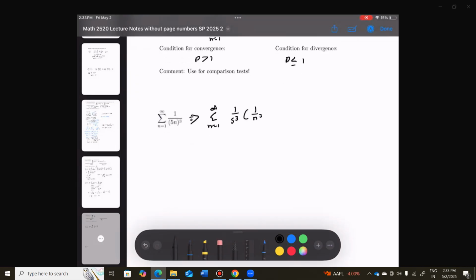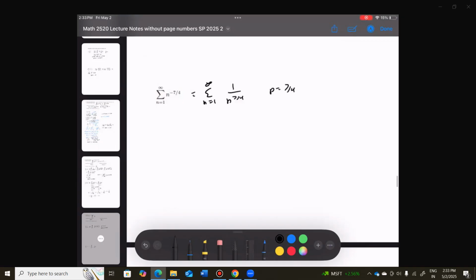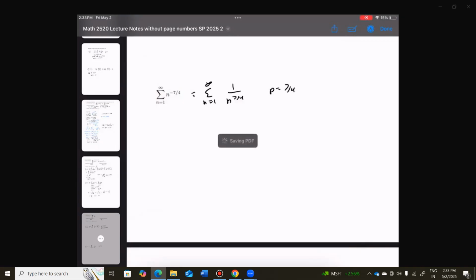Okay. Here, p equals 3, which is greater than 1. So the series converges. Here we can rewrite this as 1 over n to the 7/4. P equals 7/4, which is greater than 1. So again, the series converges.